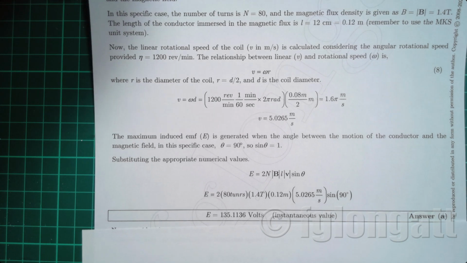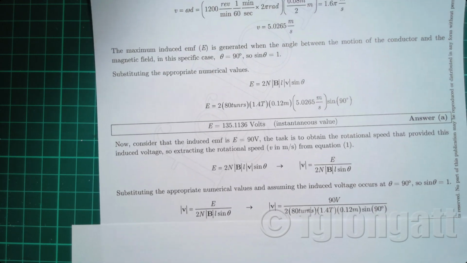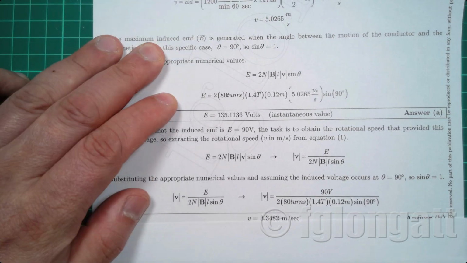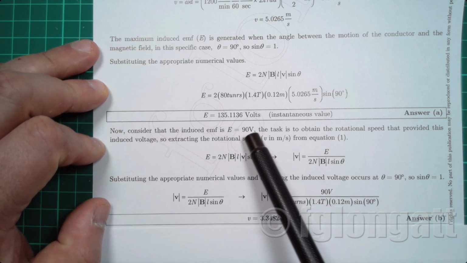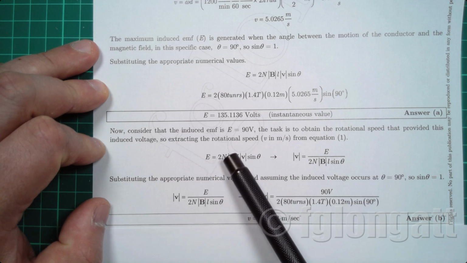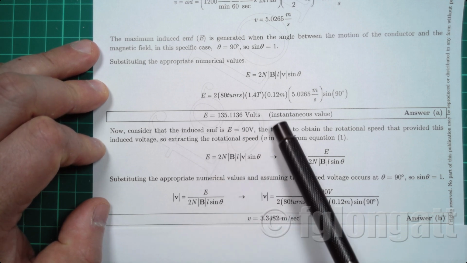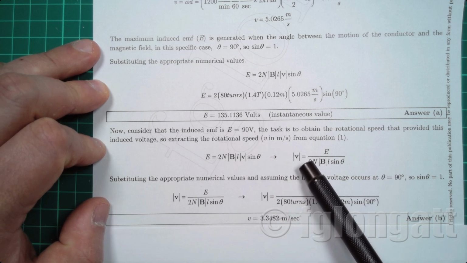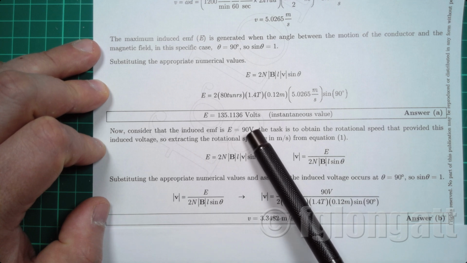The second part of this problem is extremely simple, because we are again using the same equation, the induced voltage equation, equation number 7. But now we want to obtain the velocity that allows an induction of 90 volts.